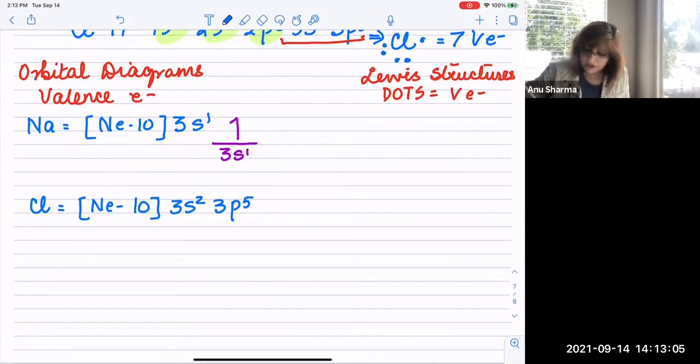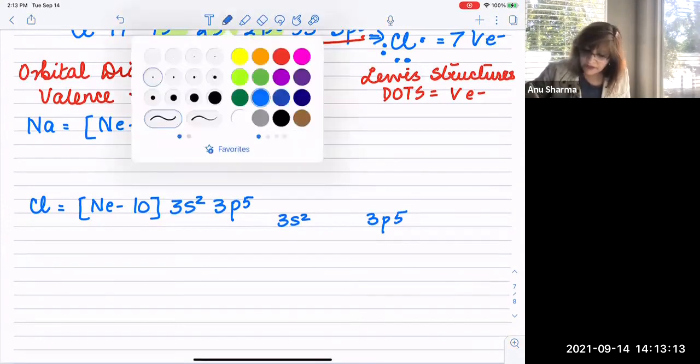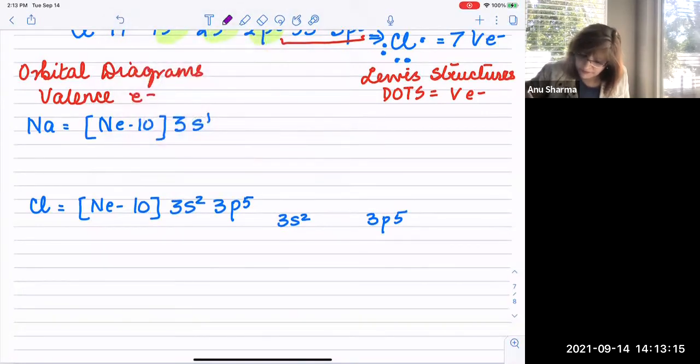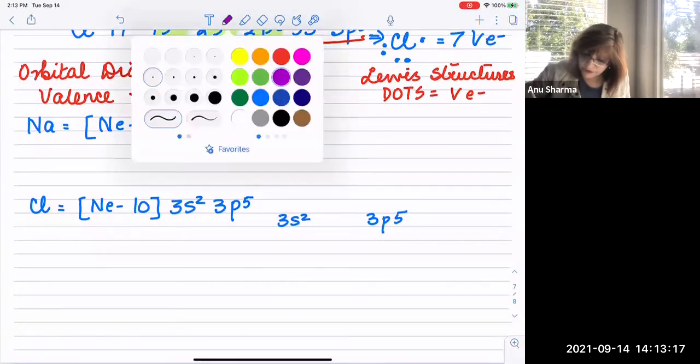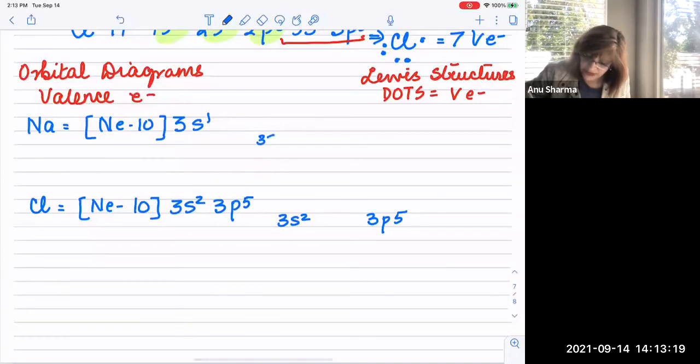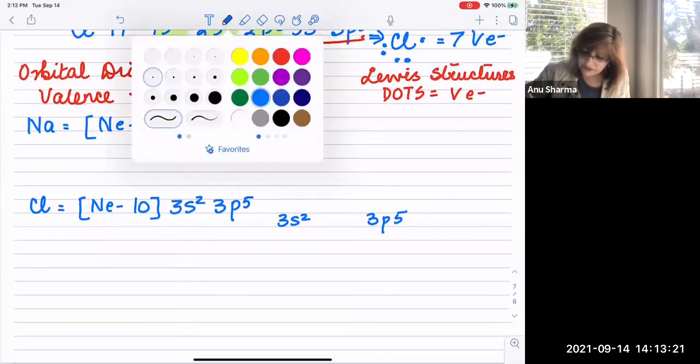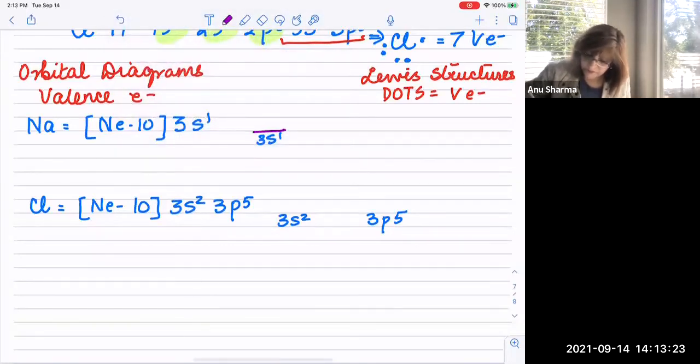So how do these look? 3s2 and 3p5. Let's put it here. Sorry, 3s1 looks like this. And here is this guy, 1 electron, 1 valence electron.